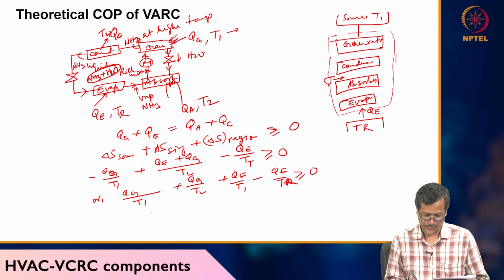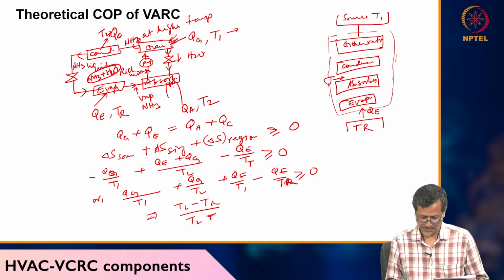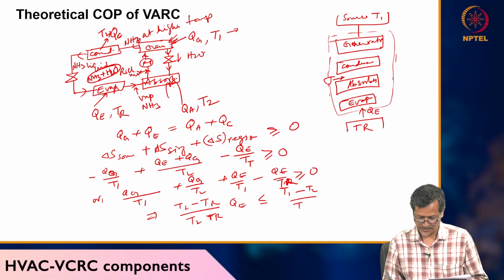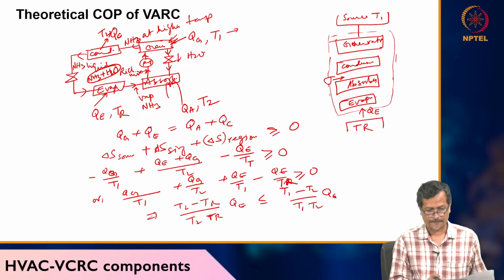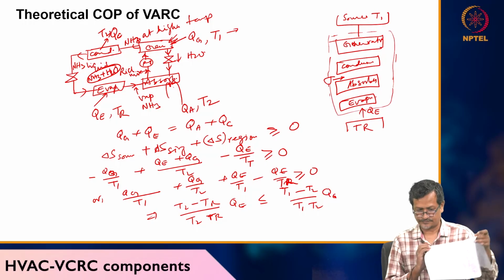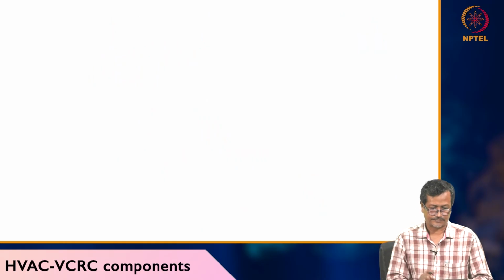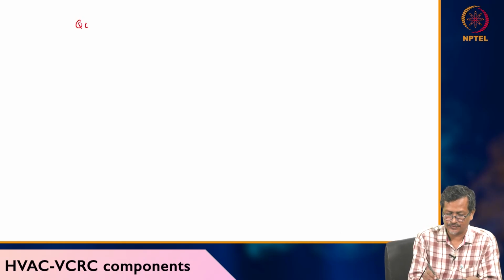Greater than or equal to 0. So from there we get QE times (T2 minus TR)/(T2 TR) less than or equal to (T1 minus T2)/(T1 T2) times QG. So QE by QG is less than or equal to (T1 minus T2)/T1 times T2/(T2 minus TR).